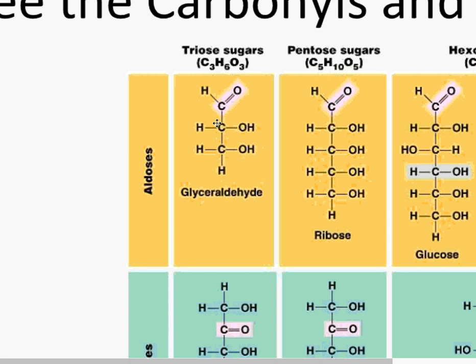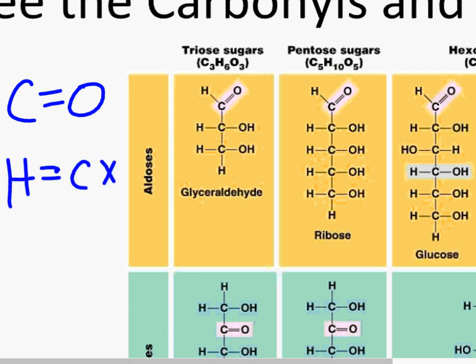In fact, the carbon is always going to equal the oxygens. Sometimes the H is going to be equal to 2 times the number of carbons, but not always. But you will see most of the time it is, as you can see here.